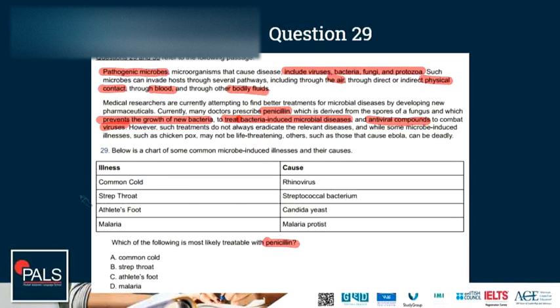The only illness that is caused by bacteria is strep throat. So that is our answer. All the others have nothing to do with bacteria, so penicillin won't work against the common cold, it won't work against athlete's foot, and it won't work against malaria.